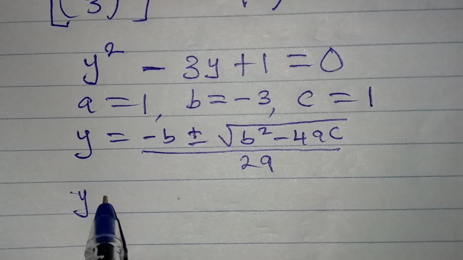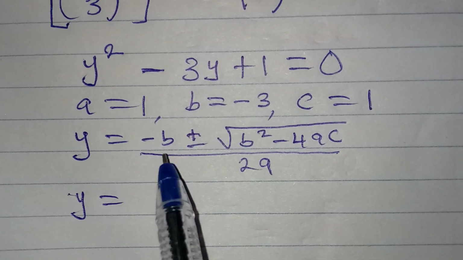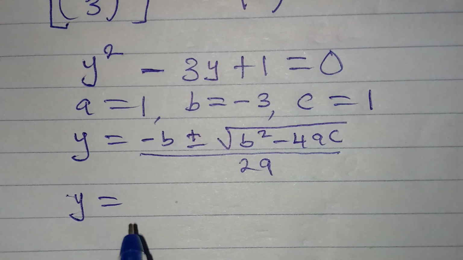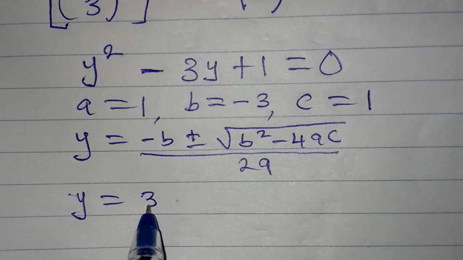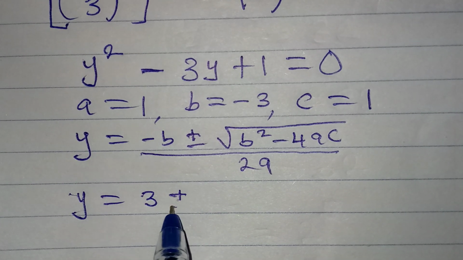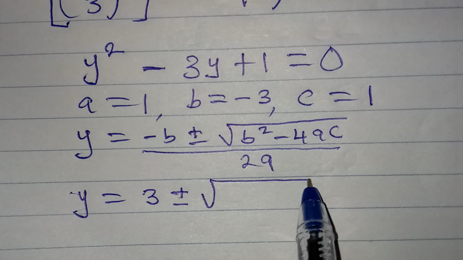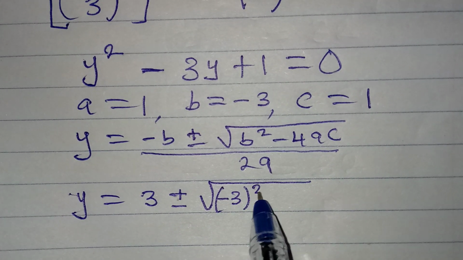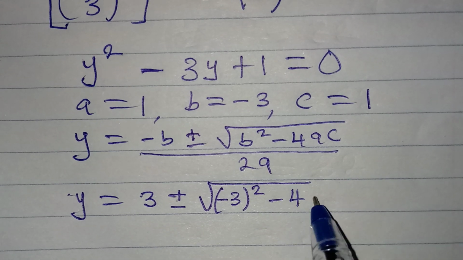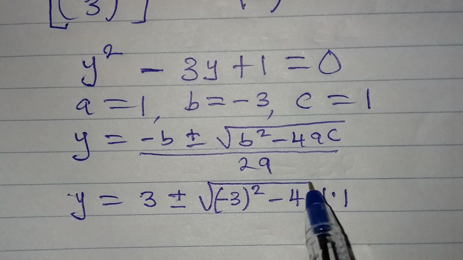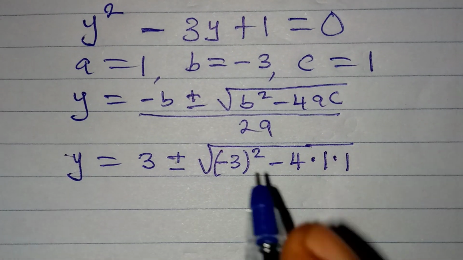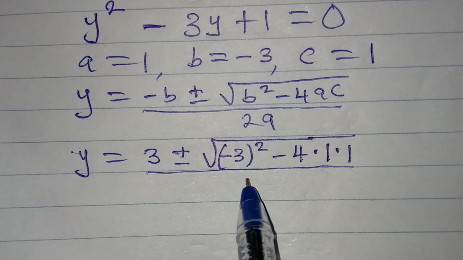So from here now, y will be equal to, b is actually minus 3, so negative will give us positive. So we have 3 over here, plus or minus square root of negative 3 squared, then minus 4 times 1 times 1, because both a and c are 1. This will be divided by 2.